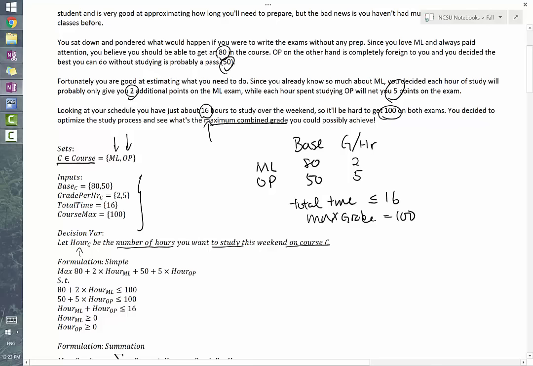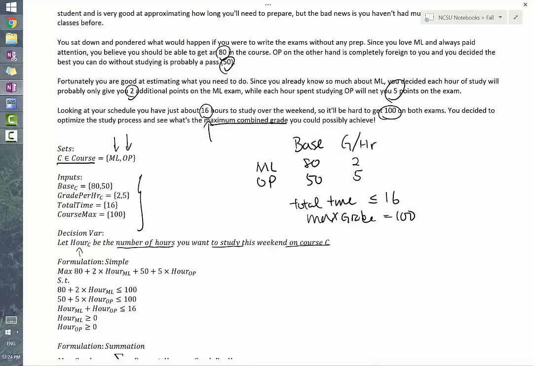So there are technically two unique variables that we're going to be looking at. If there are 100 courses in my set course, then we'll be creating 100 variables here. So that's kind of the concept of sets, inputs, and decision variables.